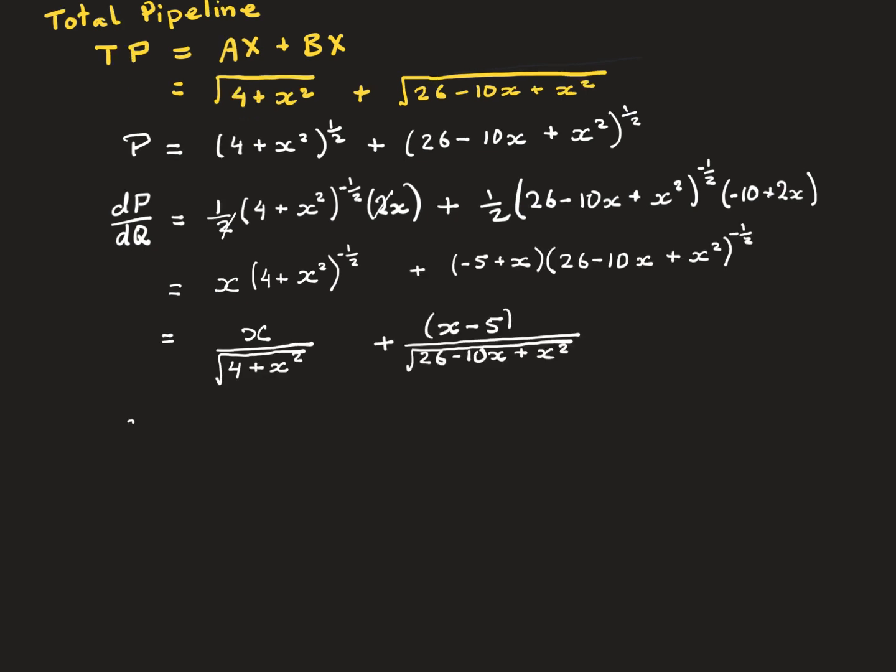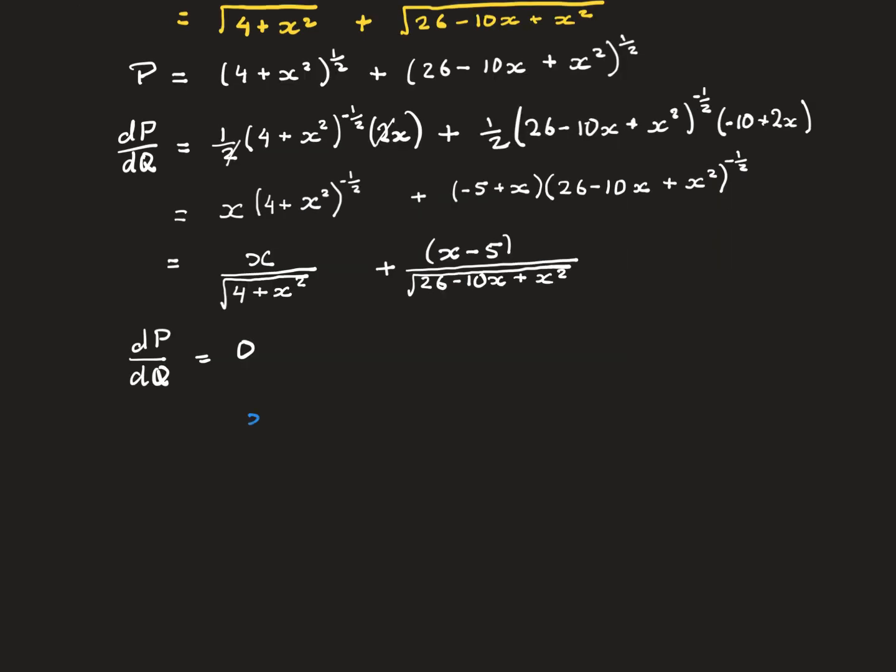And to find when that pipe is going to be minimized, we'll need to make it equal to 0. So we'll just write down x over the root of 4 plus x squared, plus x minus 5 over the root of all of that, and that should be equal to 0.